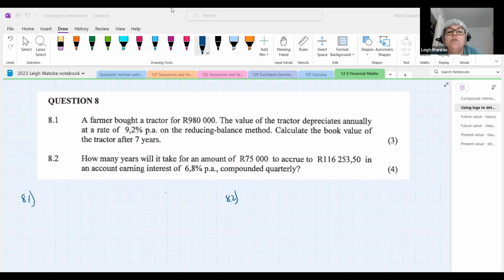Lesedi's fine. Katuano's fine for 8.1. Trish, fine for 8.1. Yes, fine for 8.1. Okay. All right. And Kosana, something went wrong there. Blessing, you're okay.